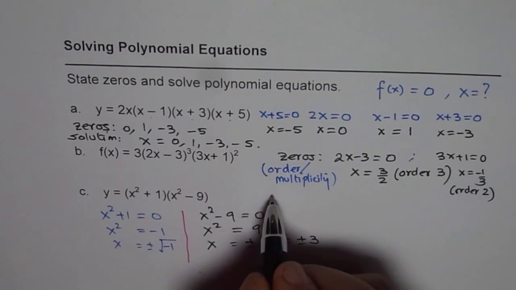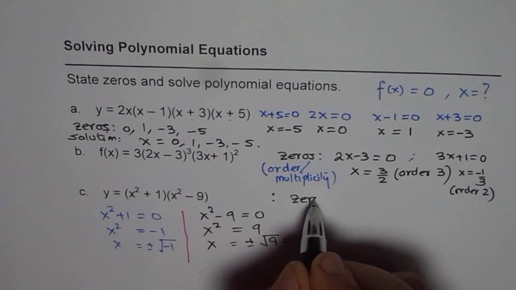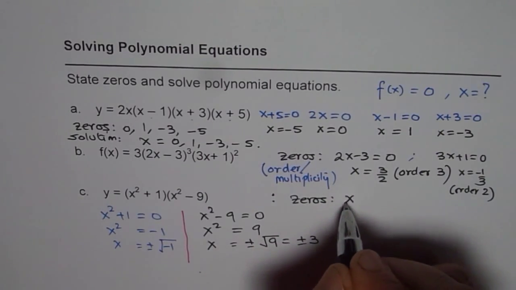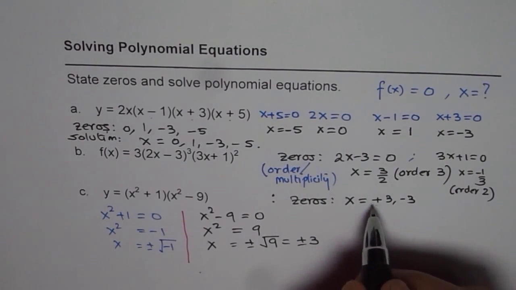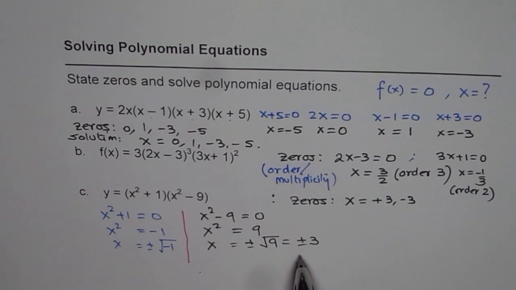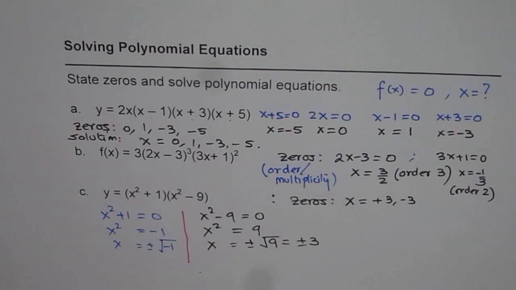So for part C we get two zeros. Our zeros in this case are at x equals plus 3 and minus 3. And the order is linear. Whenever the order is linear, we don't have to mention it. And that is why we didn't mention it in part A also. Correct? So these are the zeros.